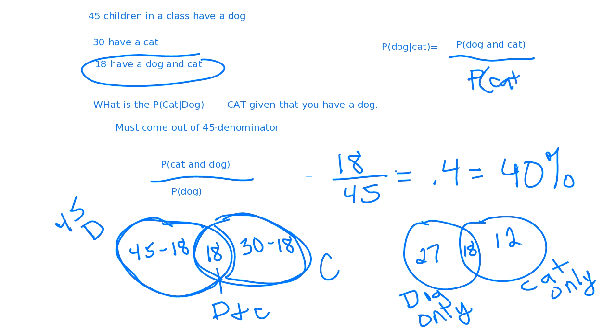We know you have a cat, so it has to come out of 30 children. And the number that have both is 18, so that's 18 out of 30, and that's going to be 60%.